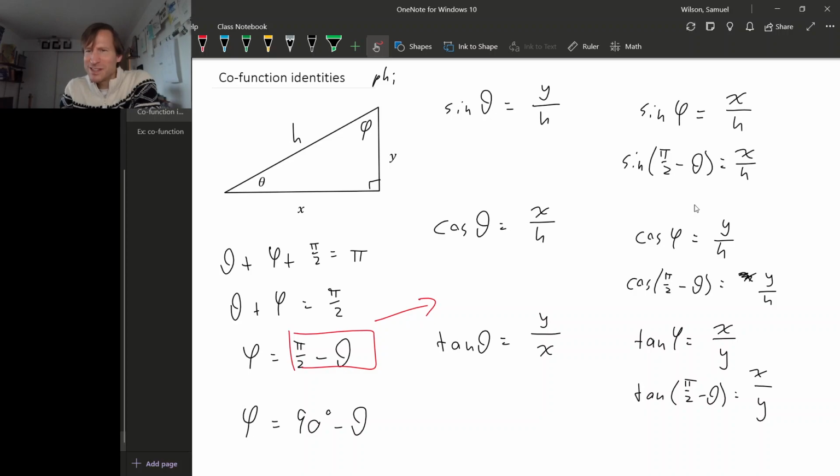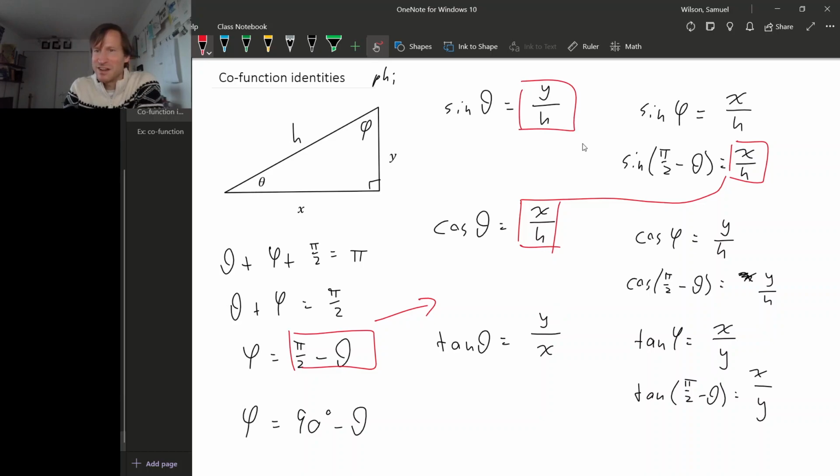But if you look at these, right, some of these are actually the same. X over h is actually the same thing that shows up here. And y over h, which is sine of theta, that shows up down here. And x over y, well, it doesn't show up anywhere else, but x over y is cotangent of theta. So we get these three relationships.